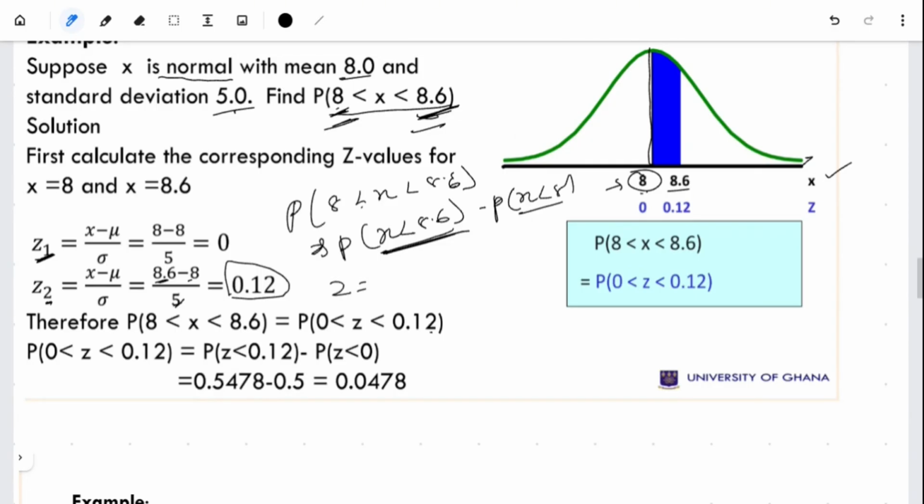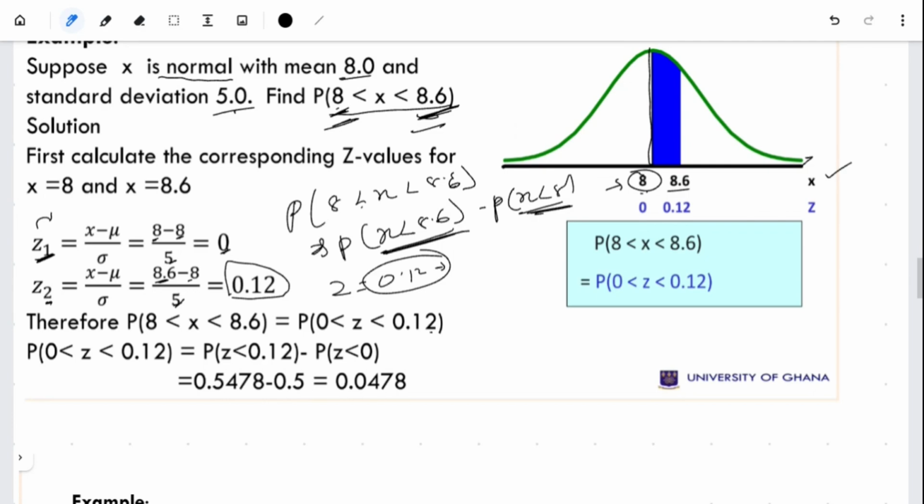So you have to go to the z distribution table and find the probability for 0.12. Then we solve for the other value, 8. When x is 8, the mean is 8, and the standard deviation is 5, we have 0. This 0 represents the z value, not the probability, so you have to go to the table and find the value for 0.